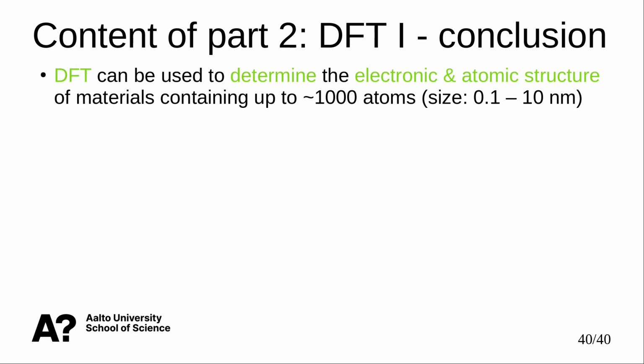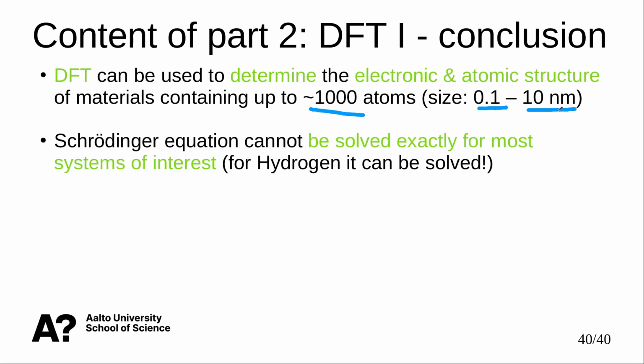So in conclusion, DFT can be used to determine electronic and atomic structures of a material containing up to 1,000, right? It's more like 500,000, you find both numbers sometimes, atoms, sizing from 0.1 to 10 nanometers in length. The Schrödinger equation cannot be solved exactly for most of the interesting systems.